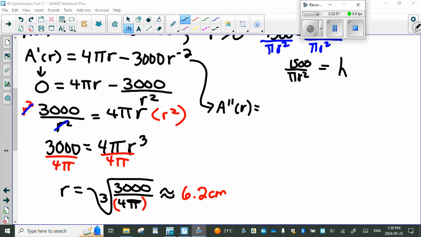In the mode, find our second derivative here. So that's going to be 4 pi plus 6,000 R to the negative 3.